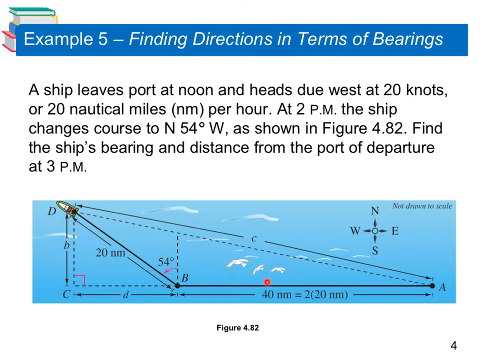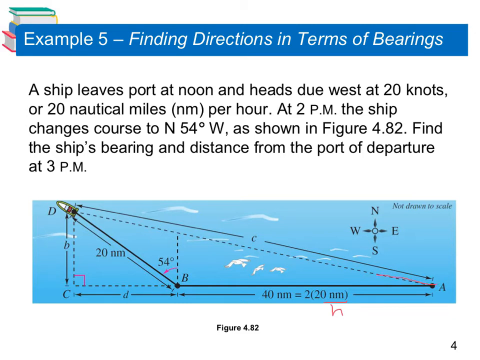So what this is already showing you is 2 hours at 20 nautical miles per hour, which equals the 40 nautical miles total. Then he changes direction, and for one more hour at 20 nautical miles per hour, he's going 20 more nautical miles. So, question: find the ship's bearing and distance from the port of departure.